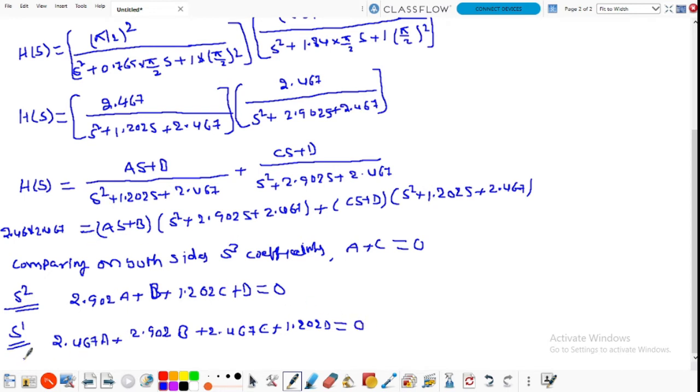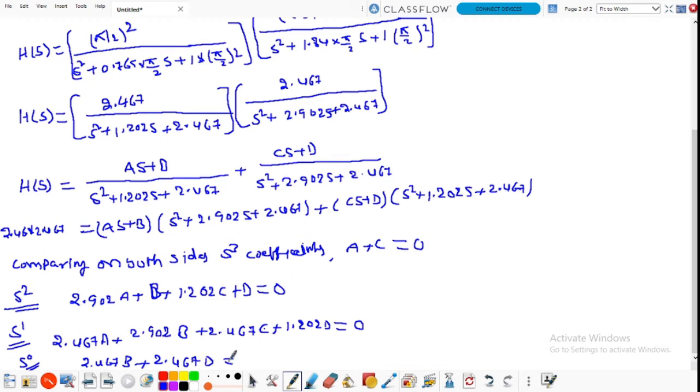And next comparing S power 0 coefficients, we get on RHS side the S power 0 coefficient is 2.467B plus 2.467D.